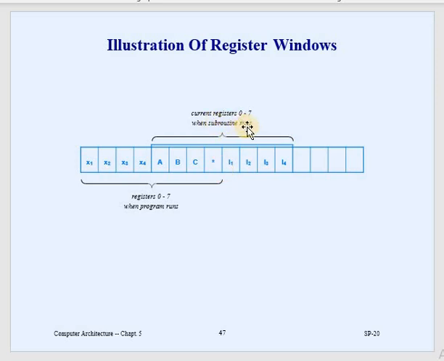During the subroutine call, the register numbers 0 through 7 slide further, the window slides by 4 or whatever value the processor uses, and shows the content of the register window.